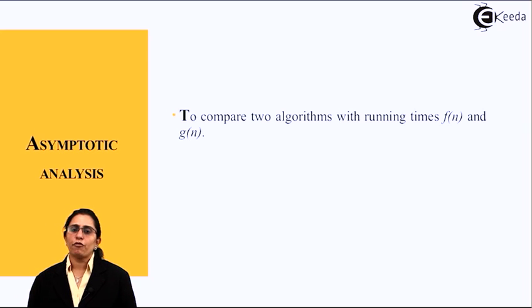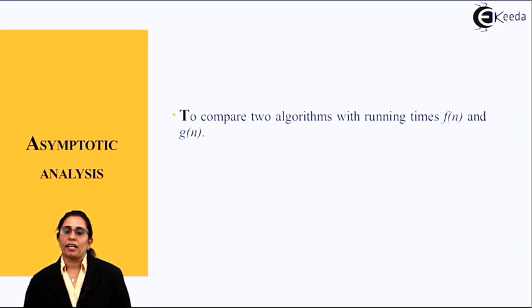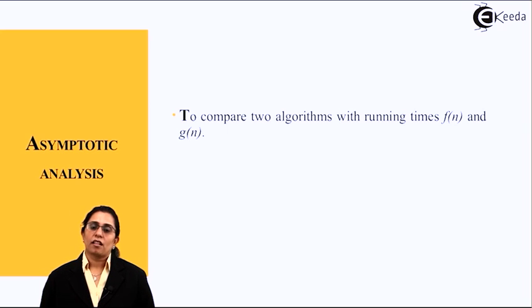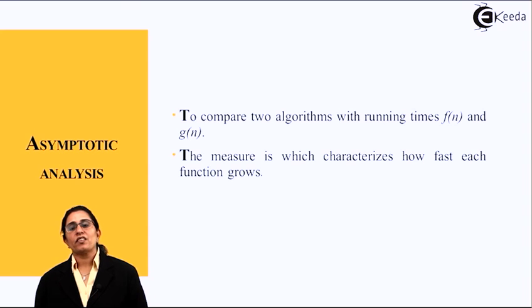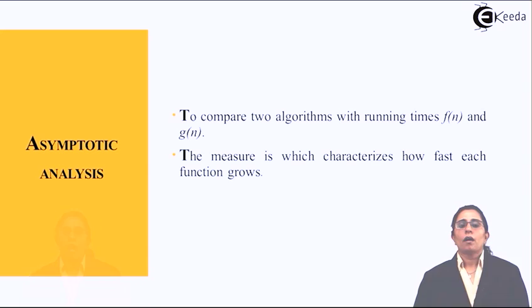As we have seen before, a function increases with time, the complexity of an algorithm will increase with time. So when we compare two algorithms, we will see how the running time affects the growth of a function. The measure is which characterizes how fast each function grows.